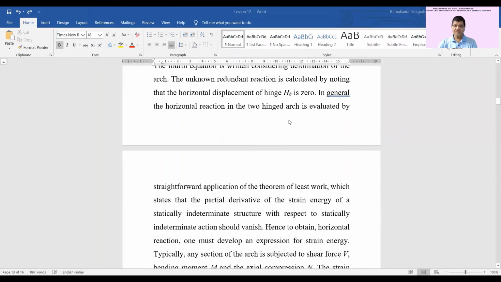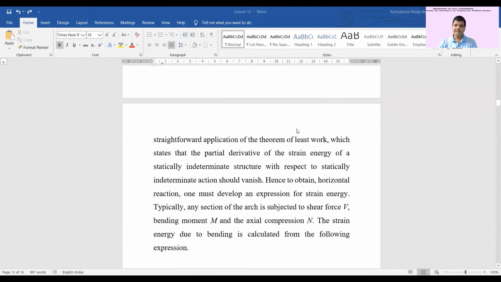The horizontal reaction in a two hinged arch is evaluated by application of the theorem of least work, which states that the partial derivative of the strain energy of a statically indeterminate structure with respect to the statically indeterminate action should vanish, or be 0.